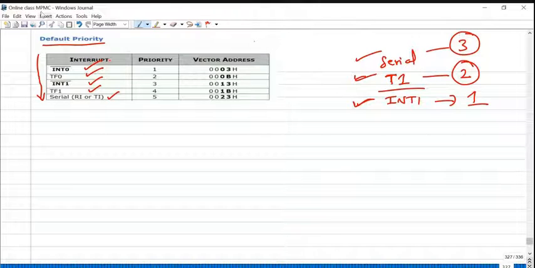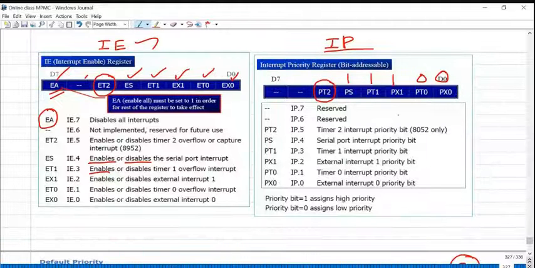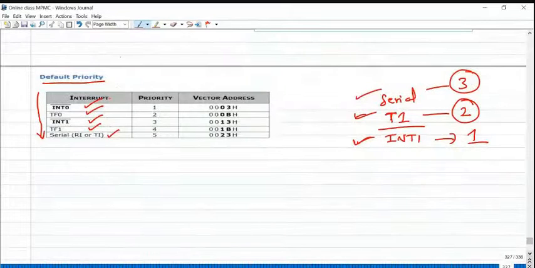Okay. So the programmer can assign the priority manually by writing the code. At the same time, if more than one bit is set to 1, at that time the controller will follow this default priority order only.